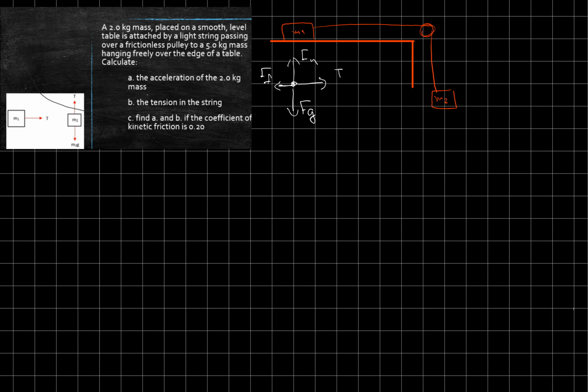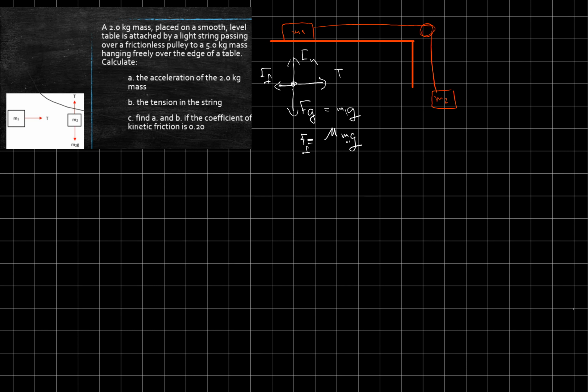So let's quickly write Fg is going to be mg, Fn is going to be opposite that. The force of friction is going to be, in this case, mu m1g. Let's specify here because we have two different masses.